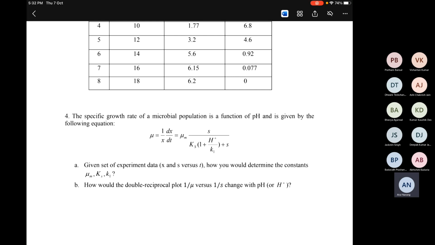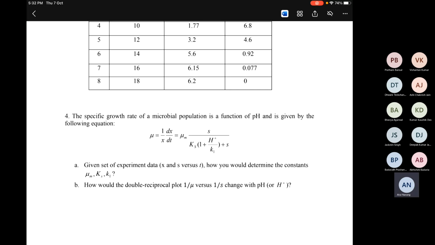At any particular pH value, if you fix the H+, the value of Ks that you will observe will be Ks multiplied by 1 plus H+ over K1. So this is the effective Ks that you can observe at a given value of H+. That's just a matter of definition.